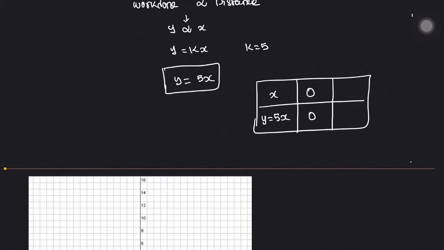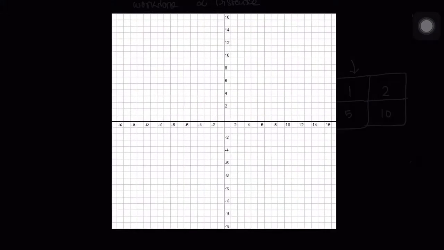Next, I substitute x is equal to 1, and we get 5. For safety purposes, we add one more point, because if I make a mistake in the second point, the graph will be wrong. So I substitute x is equal to 2, and we get 5 times 2 is 10 units. Based on this table we can draw a graph.